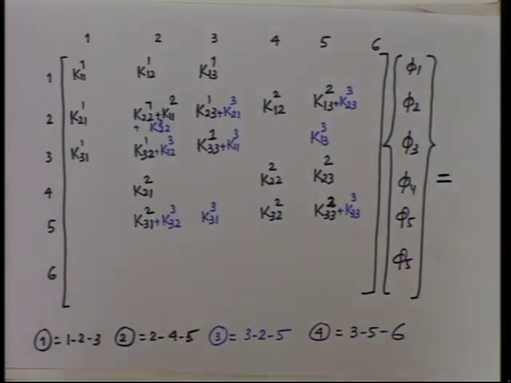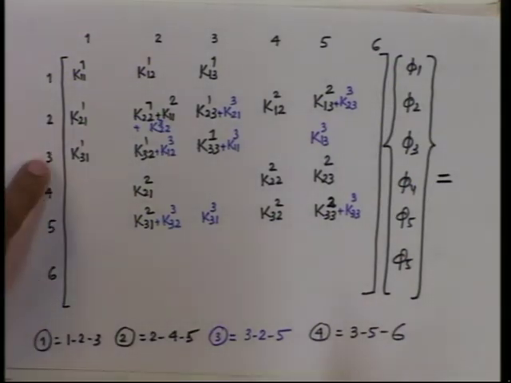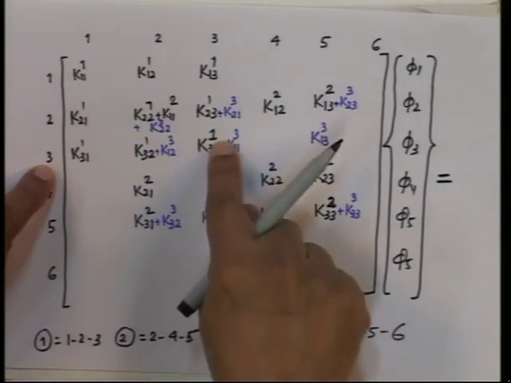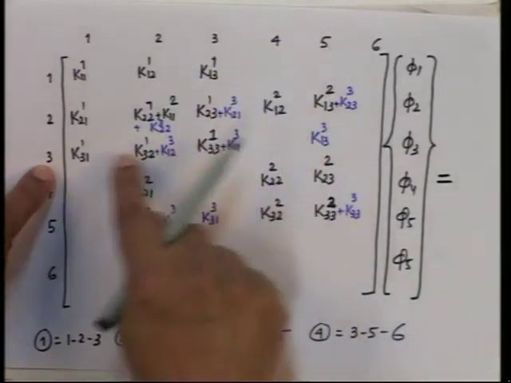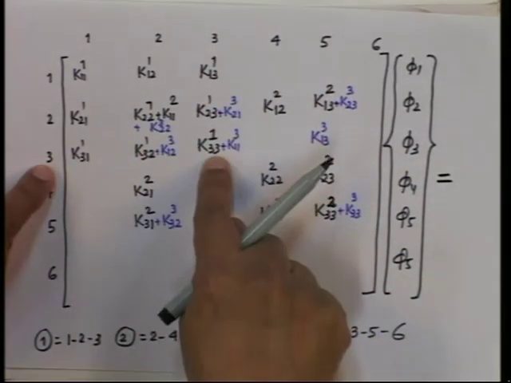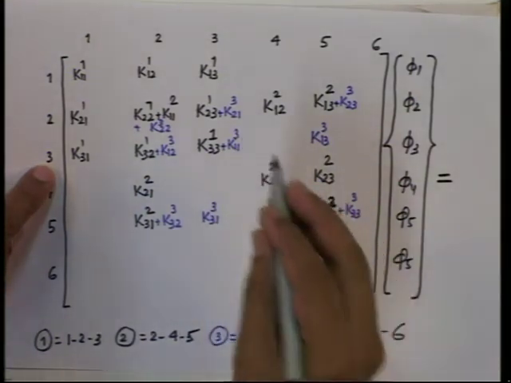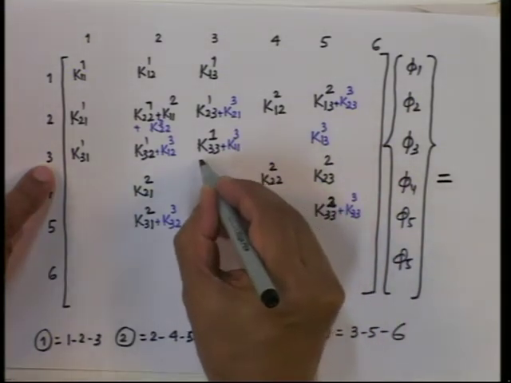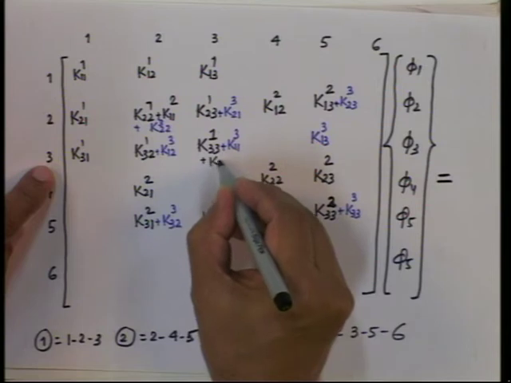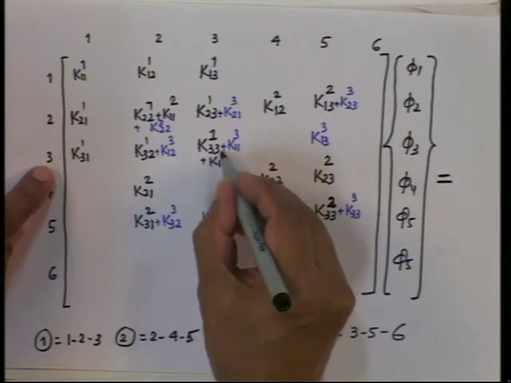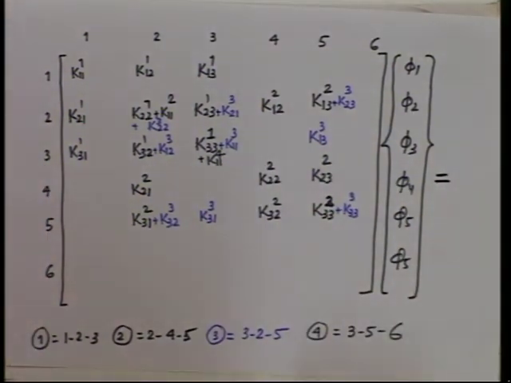So, first, the row is 3. So, we are here at 3. So, this one will be k 1 1 4. Yes, please.